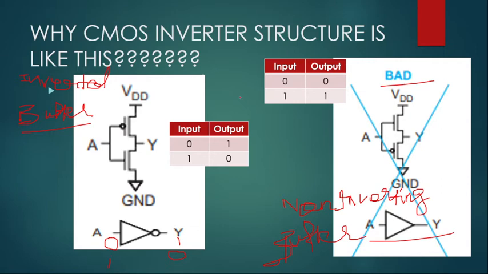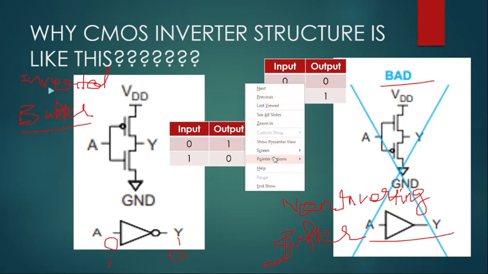So now today I am going to clear why we always make the pull-up network as PMOS and the pull-down network as NMOS. So see, this is your basic CMOS structure.